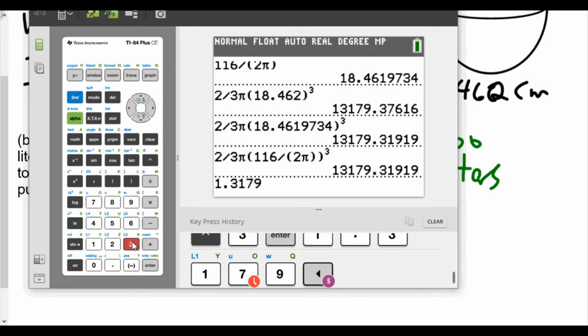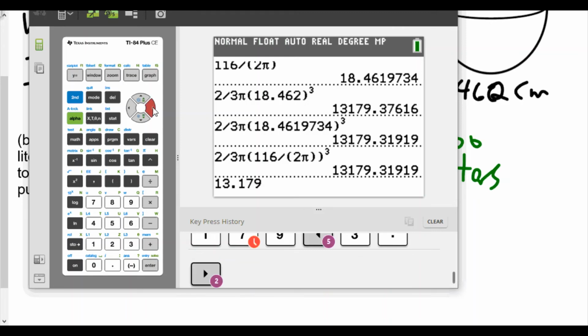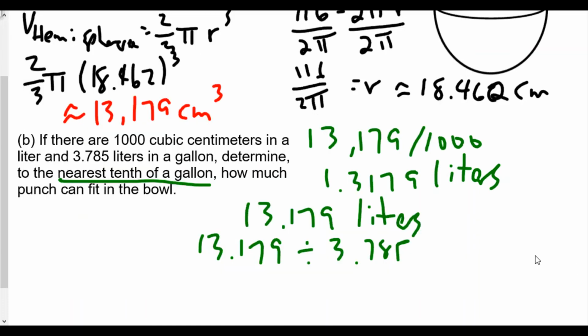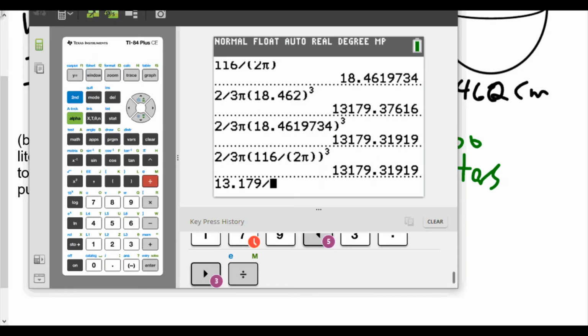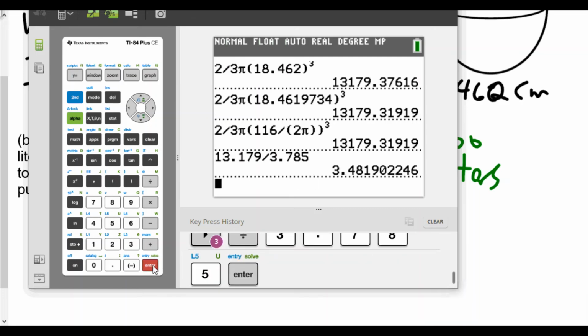Put a 3 here and then a decimal here, and then we're good. Okay, there you go. And we divide this by 3.785, I think it was, right? 3.75? I have such bad memory. 3.785, yes, okay.